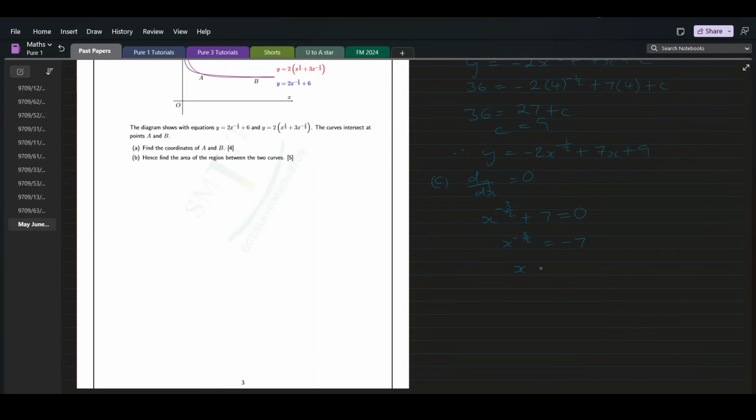And then we can write this as x is equal to negative 7 to the power negative 2 over 3. X is equal to, let's punch this into the calculator, that's negative 7 to the negative 2 over 3. And that gives us 0.27327588833. This is the calculator display. And now we need to evaluate the y coordinate.